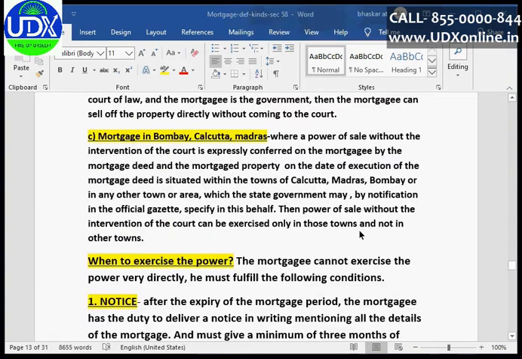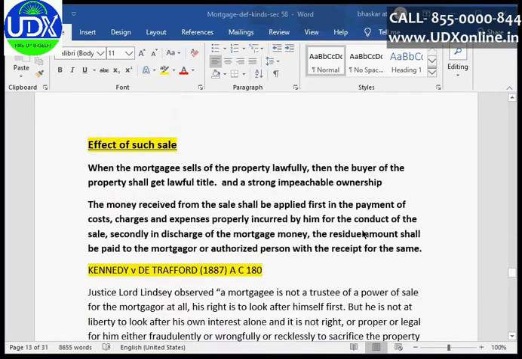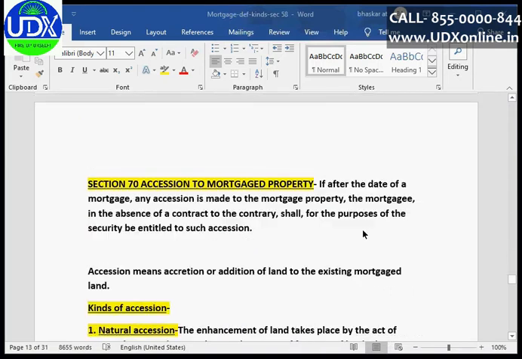Okay. So now we will move ahead. We will try to understand section 70. Section 70, accession to mortgaged property.